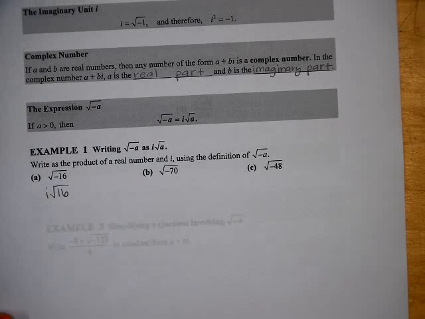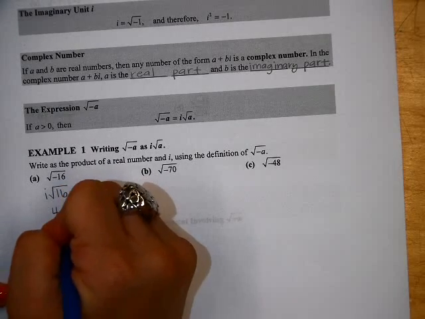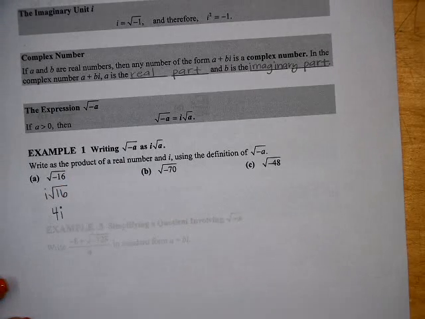Once you pull out your -1 as i on the outside of the square root, you break down your square root just like you would any other square root. If it is a perfect square, then you take the square root of that. If it has to be broken down into two separate radicals and simplified, then you do that as well. So for the square root of 16, the square root of 16 is 4. So your final answer for part A would be 4i.